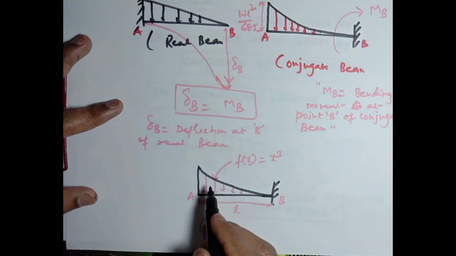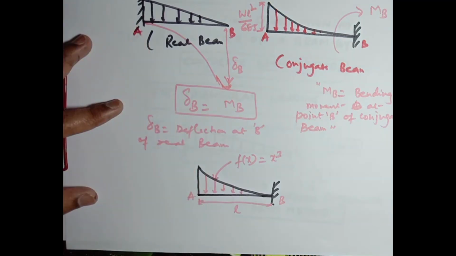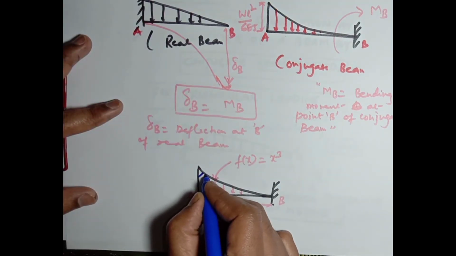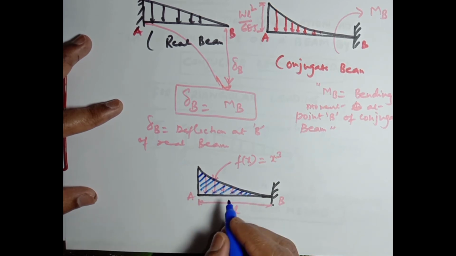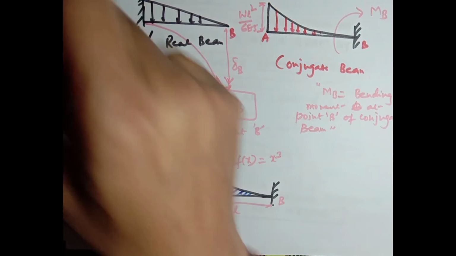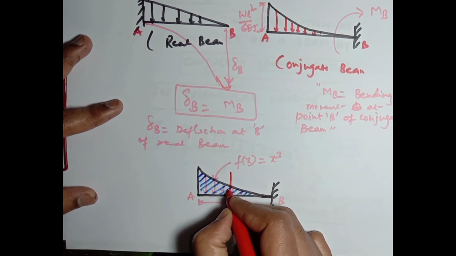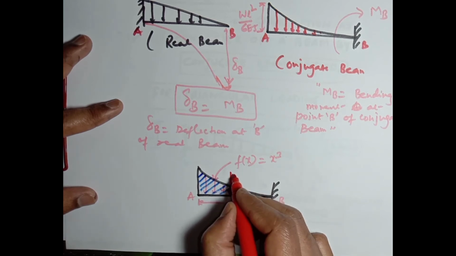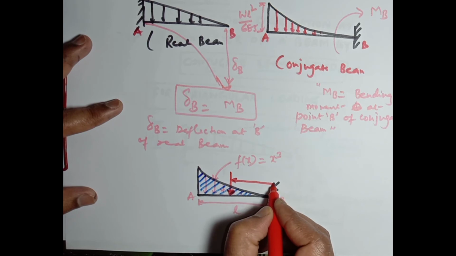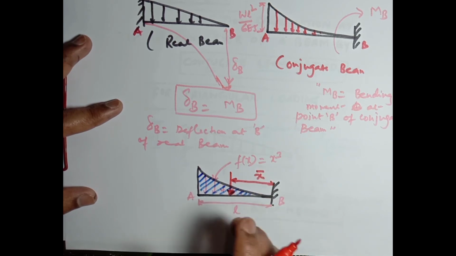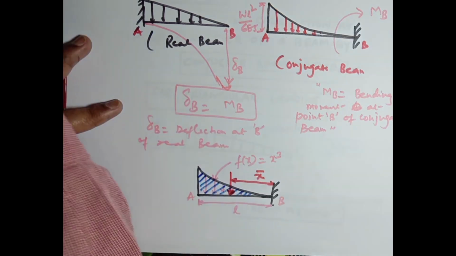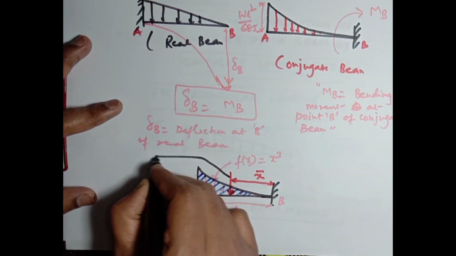So the area of this loading diagram will give the total load, and the total load will be acting somewhere. Suppose the total load is acting here. This is the total load, which will be acting at the centroid of this loading diagram.